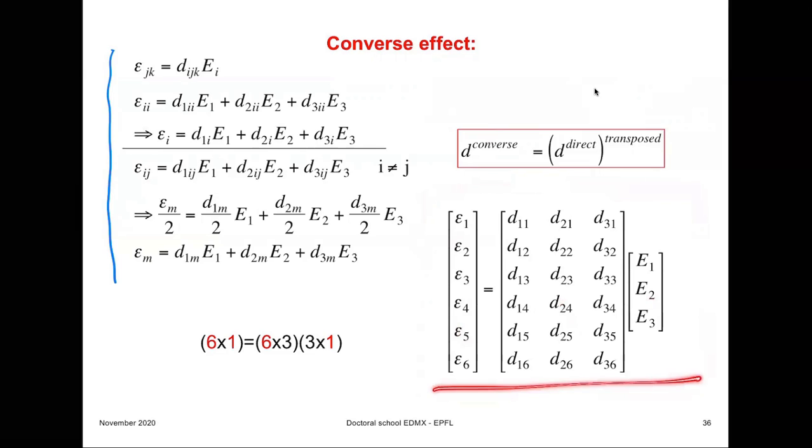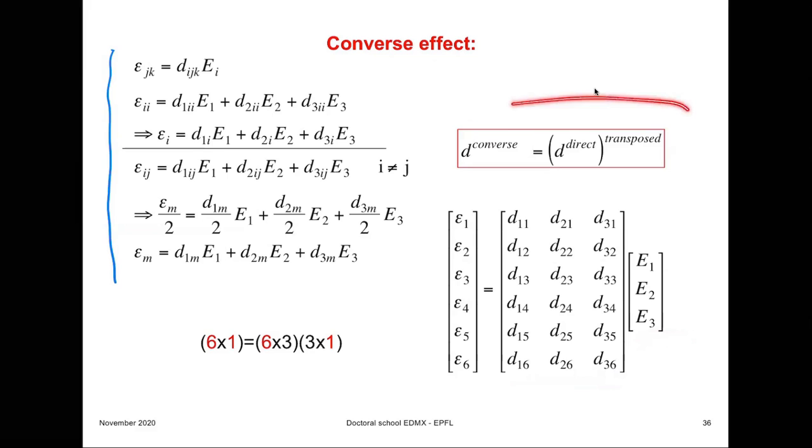Again, these are vectors and matrices. They don't transform as tensors if you write this equation in its full form. And this is 6 times 1, 6 times 3, and 3 times 1 expressions.